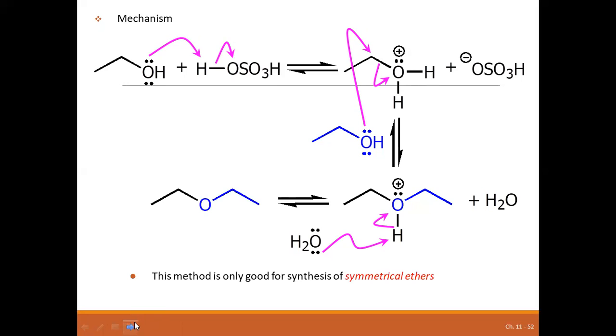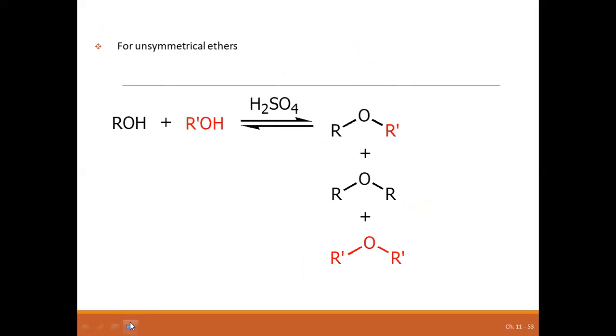So this method is only good for the synthesis of symmetrical ethers. For unsymmetrical ethers, you'll have another alcohol in the presence of H2SO4, and again you will have your ROR and another R prime from another alcohol.